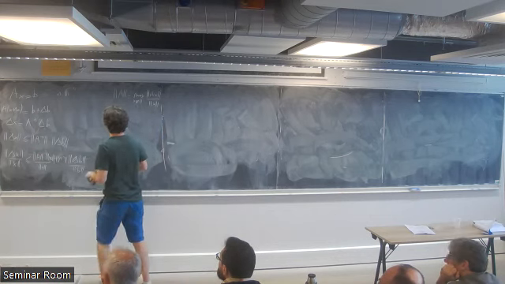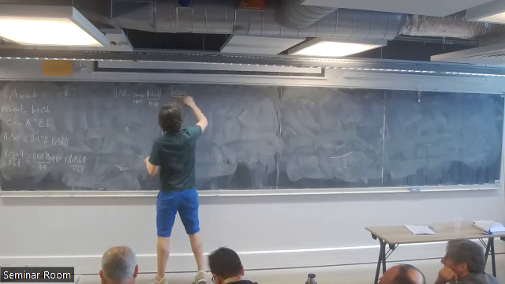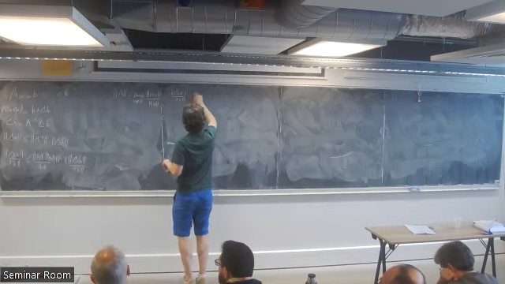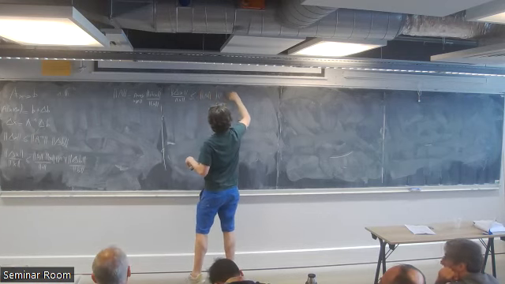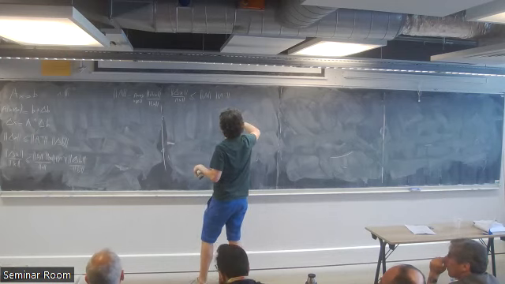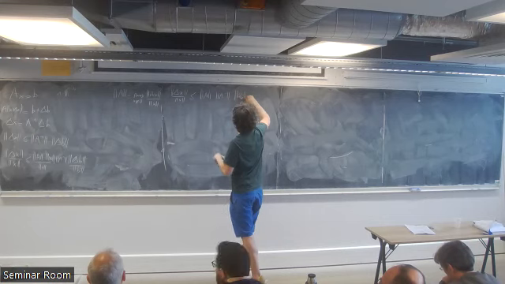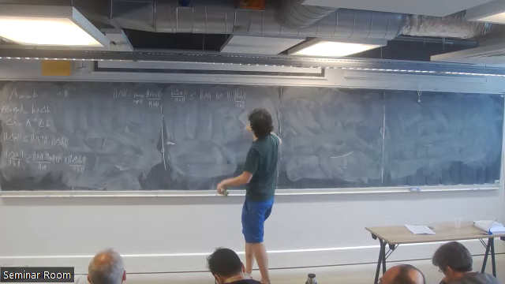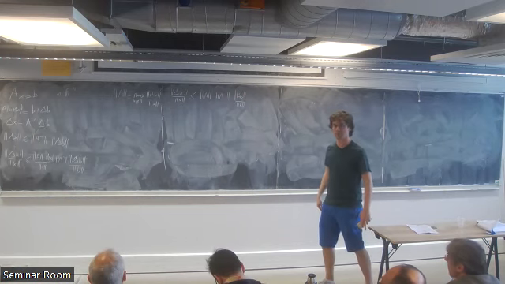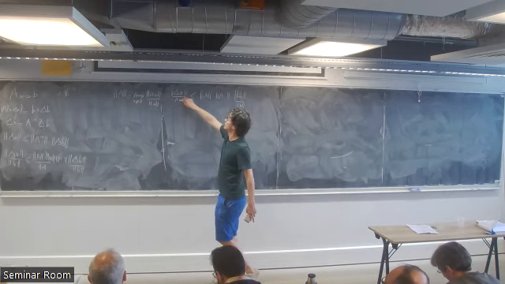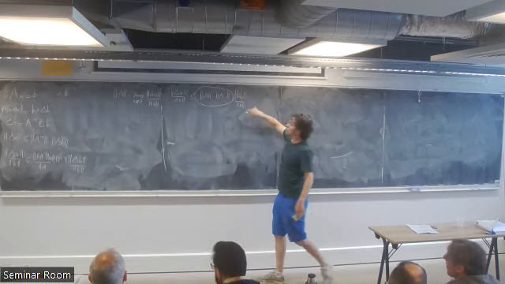Okay, and in the end, I can write the norm of delta x over x, so the relative error. No, this is good. Okay, so the relative error in x is bounded by some coefficient times the relative error in b.